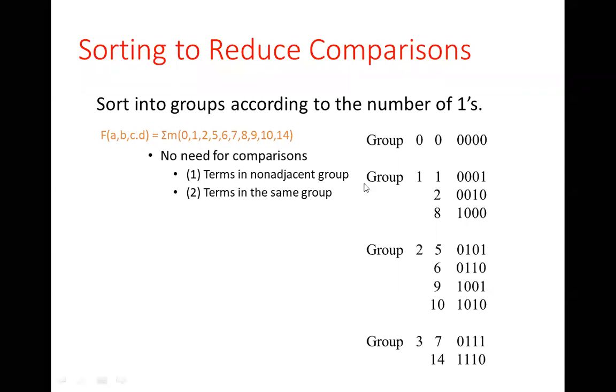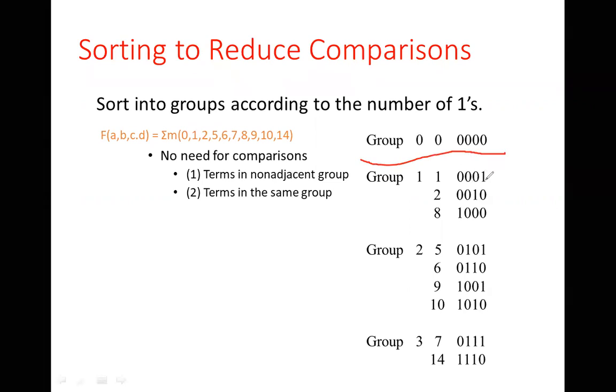Now here I have 0. So if I write the binary value, you can write the binary value for all these terms. So 0 is 0, 0, 0, 0. All zeros. So there is no other min-term with all zeros. So that will be group 0. So we have the first group over here, group 0. Then the next one is 0, 0, 0, 1.